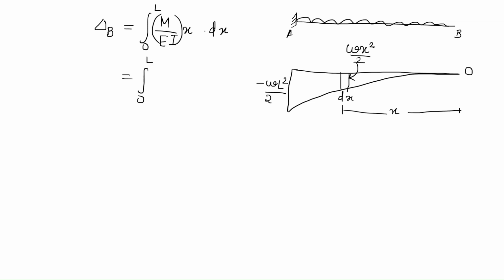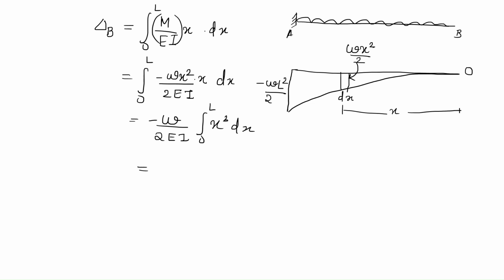The value of this moment is minus wx square by 2EI, and if we multiply it with x into dx, minus w divided by 2EI into integral 0 to L x cube dx.